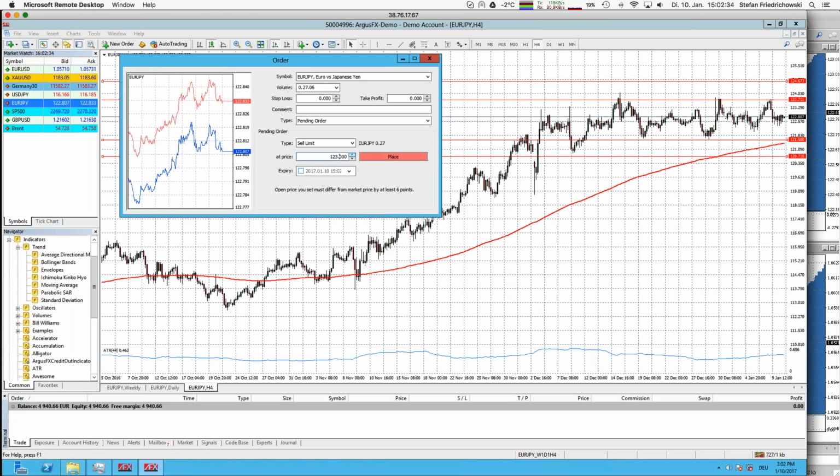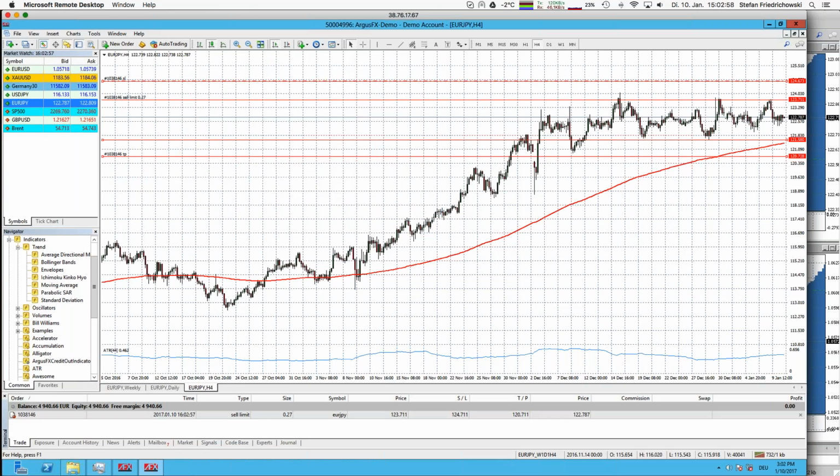Entry price is 123.711 and we have a stop loss value of 124.711 and a take profit of 120.711. Good. And now we can place the order.